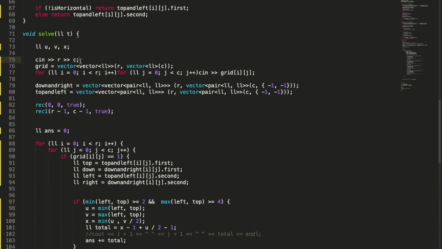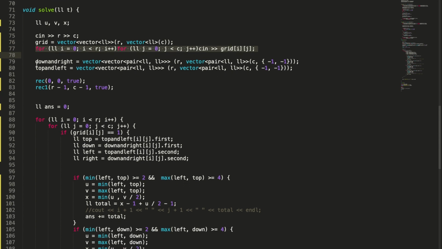Here I have taken the input for the rows and columns, initialized the size of the grid, and taken the input of the grid. Then I have initialized the down, right, top and left 2D matrices, in which each cell is a pair, and the first part of the pair represents down and right, and top and left, in these 2D matrices respectively.